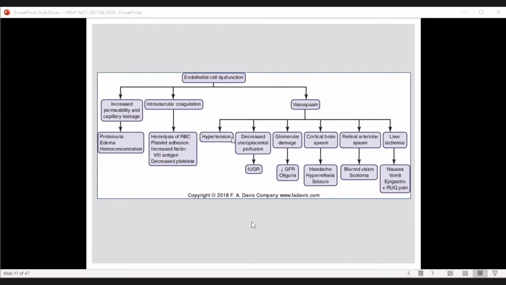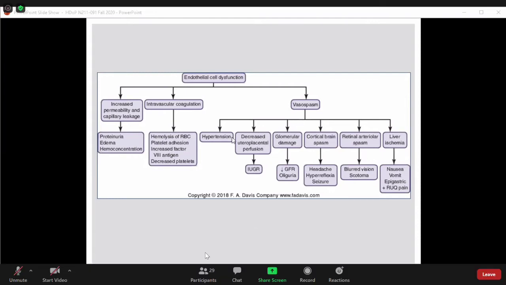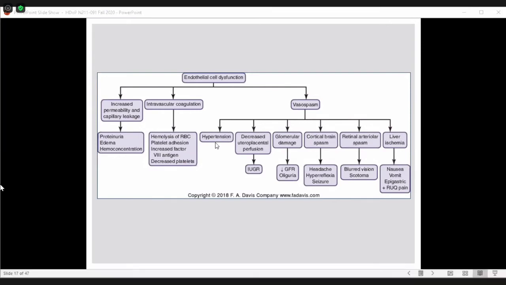And that's really what makes preeclampsia such a concern and such a progressive disorder. So this endothelial cell dysfunction causes vasospasm in the blood vessels of the placenta. If we just think about the placenta initially, the blood vessels of the placenta are vasoconstricted.